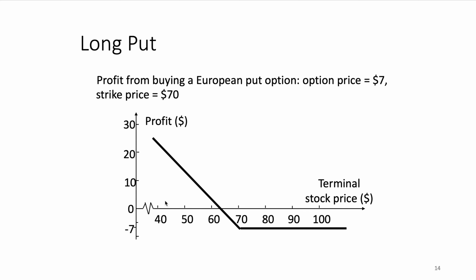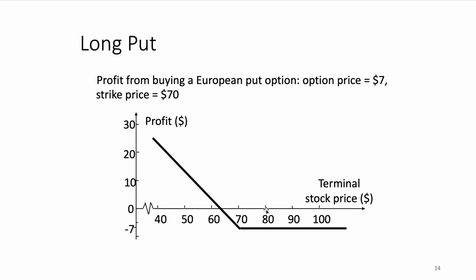Now, think of this as the price, the direct quote, the foreign exchange price, okay? Here it is also a stock price. Exercise price 70, the put premium is $7. At the maturity date, if the stock price is 70, the payoff is 0.